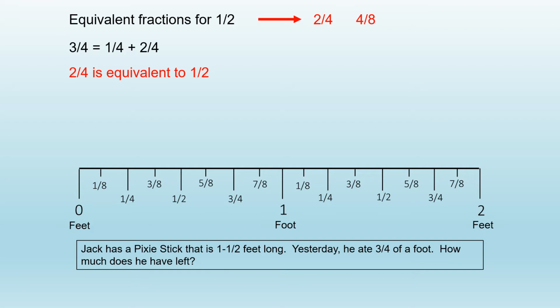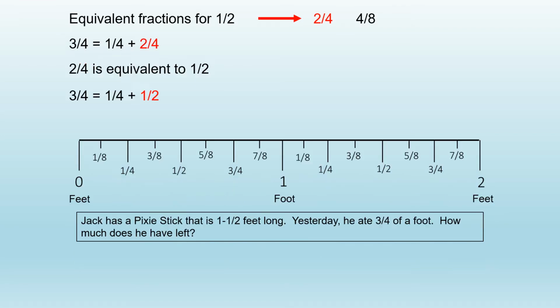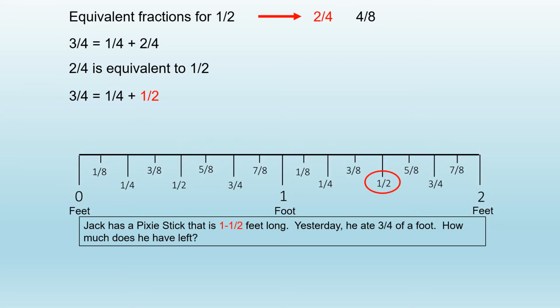And we've already determined that 2/4 is equivalent to 1/2. So that means that 3/4 is equal to 1/4 plus 1/2. We know that Jack's pixie stick is 1.5 feet long, so I've circled 1.5 feet on the number line, which is right here. And the problem tells us that yesterday he ate 3/4 of a foot.